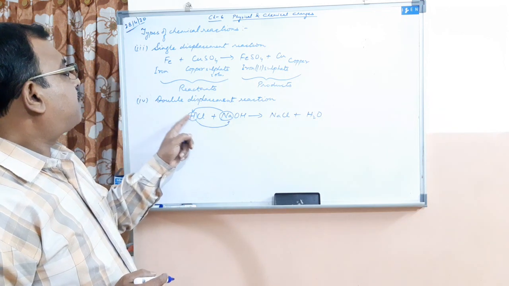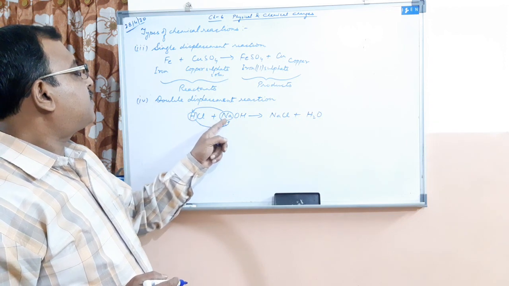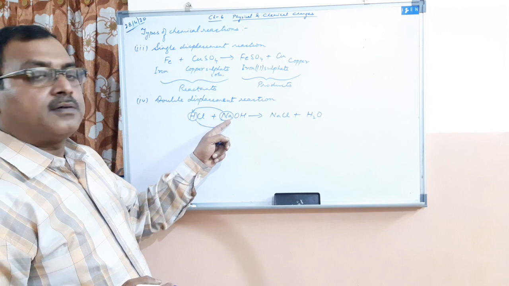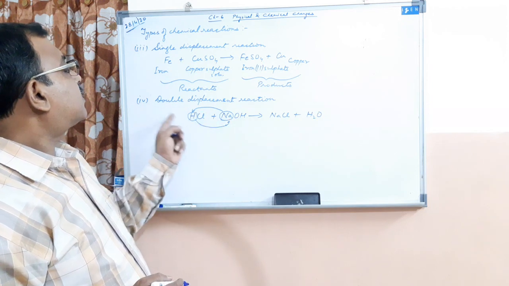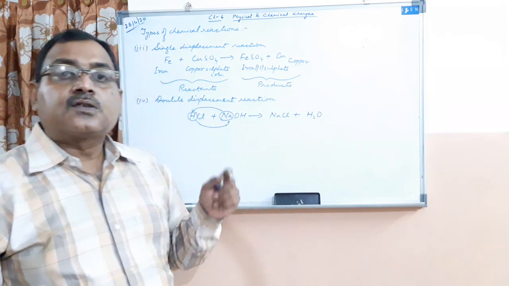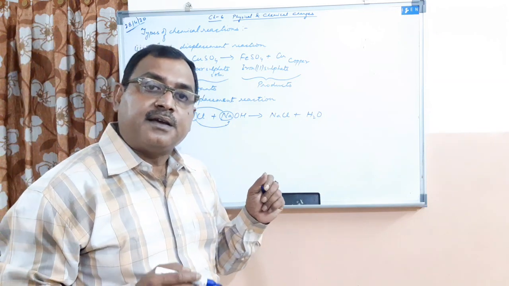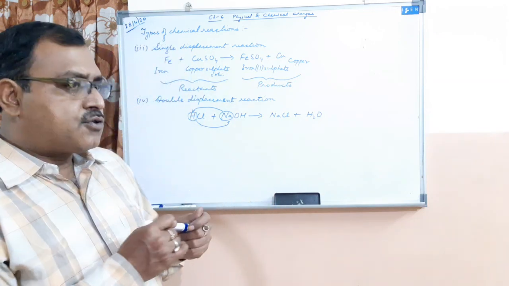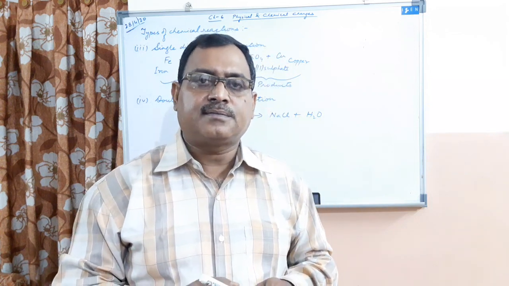So the positive radical takes the place of the positive part of the other compound, simply switches over. So such type of a chemical reaction is called as double displacement reaction.